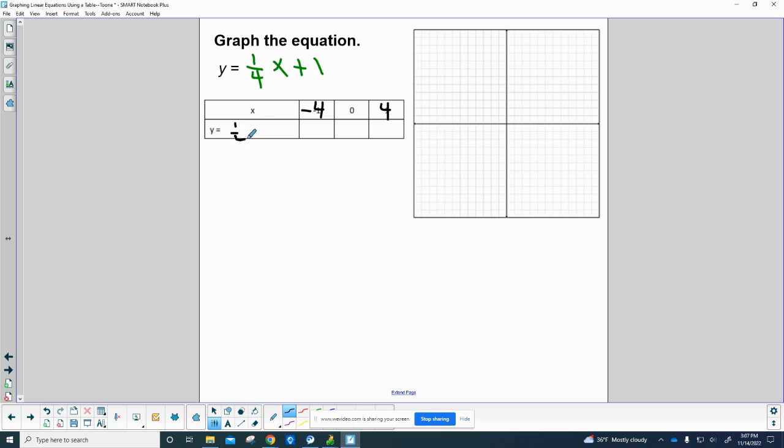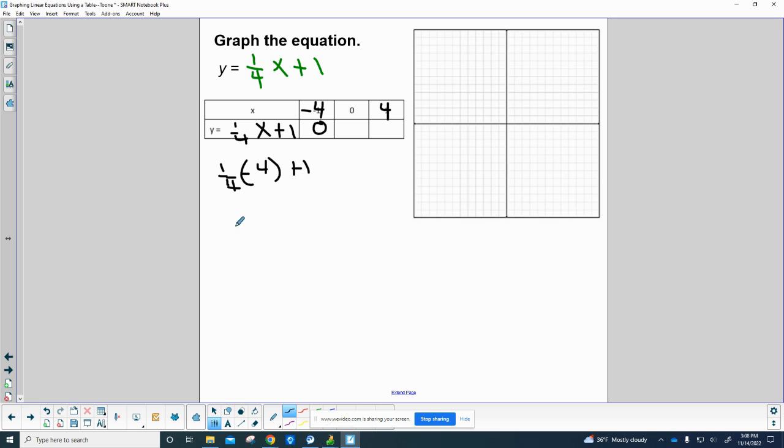So 1/4 x plus 1. So when we put in negative 4, we get 1/4 times negative 4 plus 1. So 1/4 times negative 4 plus 1, that would be negative 1 plus 1, which would be 0.